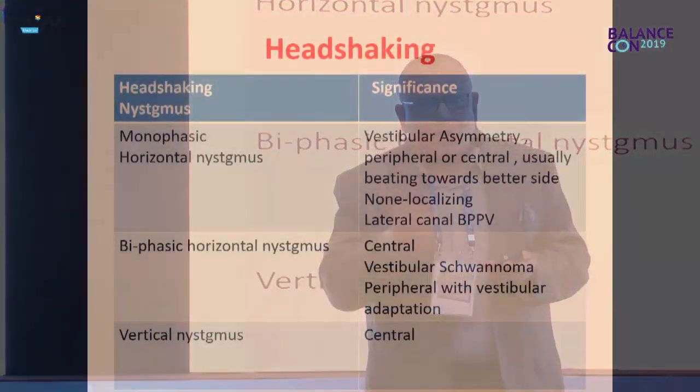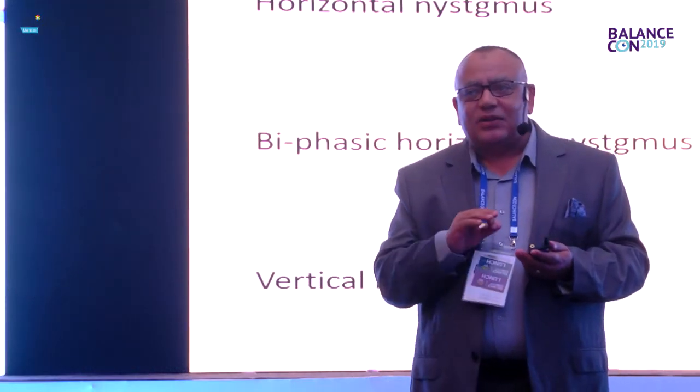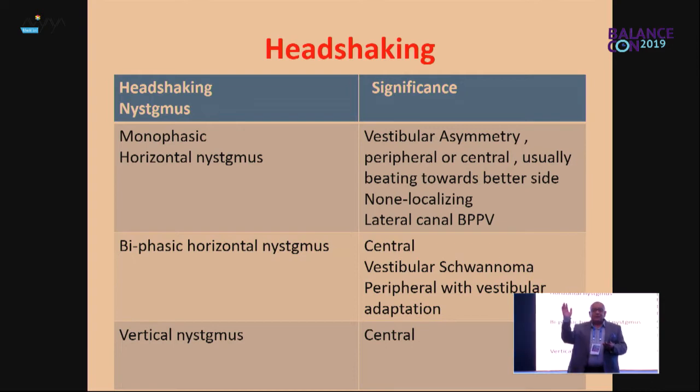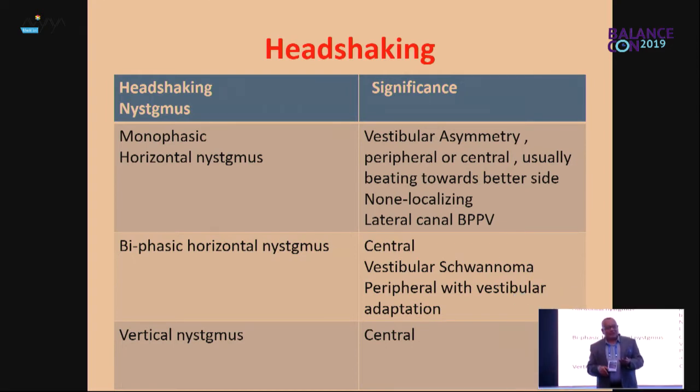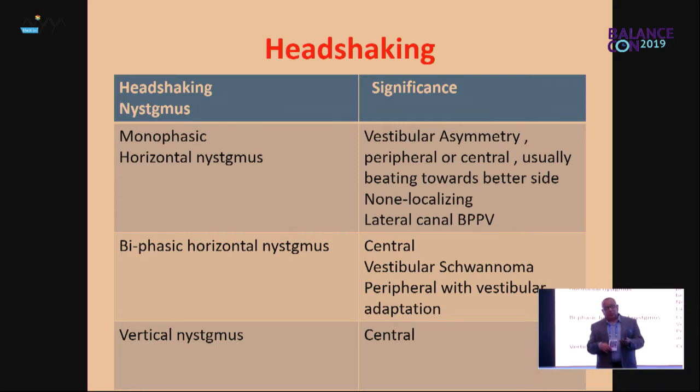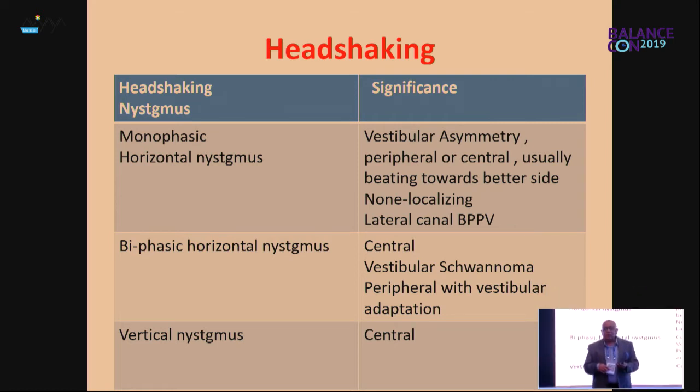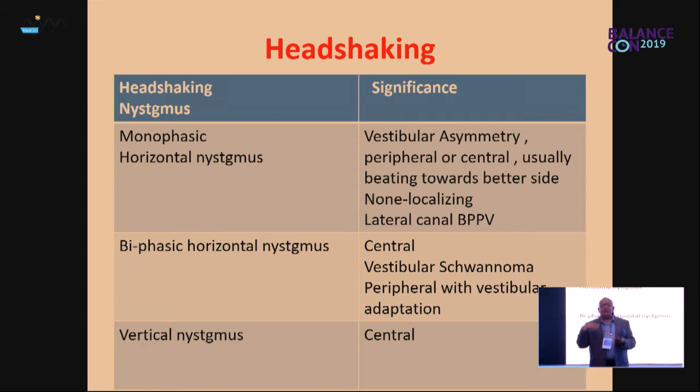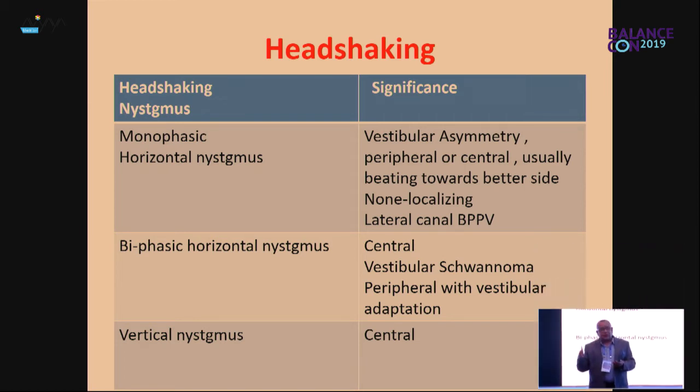What is the most common central vestibular disorder? Migraine. Migraine is a neurological disease, and it's a central disease. So the most common central vestibular disorder is migraine, and you can see different central findings in migrainous patients. So if you see vertical, up beating or down beating nystagmus after head shaking, that's of central origin.